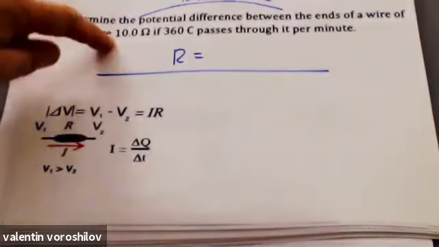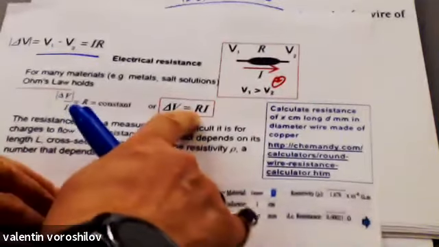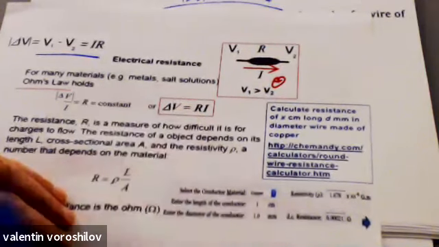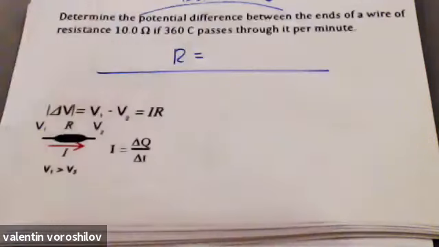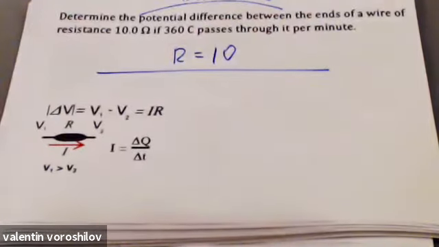We are already given this number. And I didn't mention that, because of Ohm's law, the unit for this variable R, resistance, has a name, ohms.